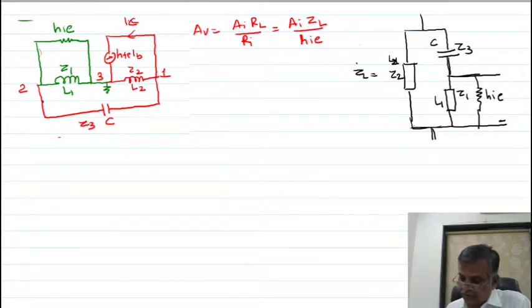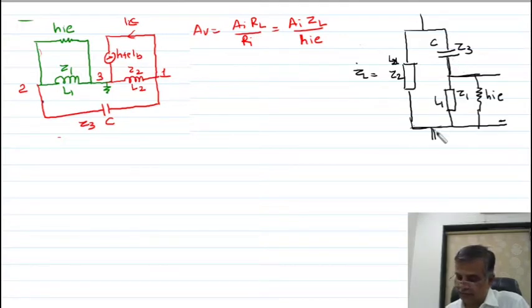ZL is the load across which output voltage is developed, so I have to consider the effective impedance. With Z2, Z3 is connected and Z1 is there, HIE too, all interconnected, so I have to draw this circuit in this form. ZL is Z2 with Z3 and Z1 involved in a parallel combination.